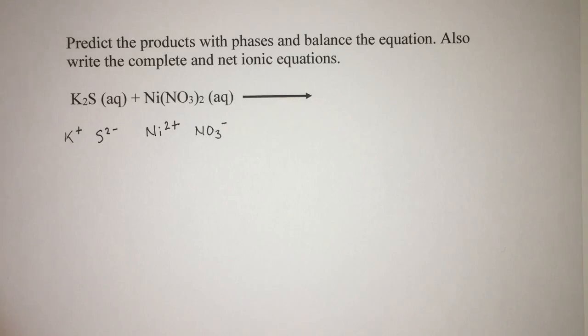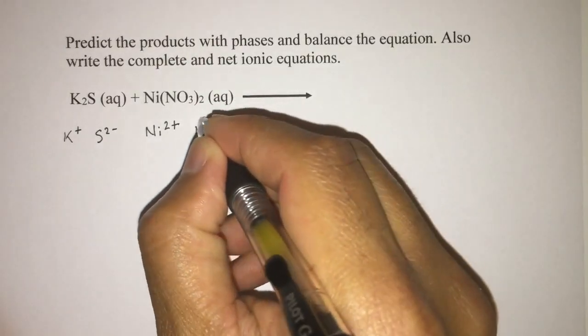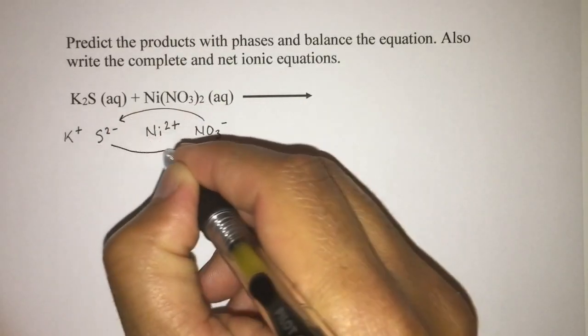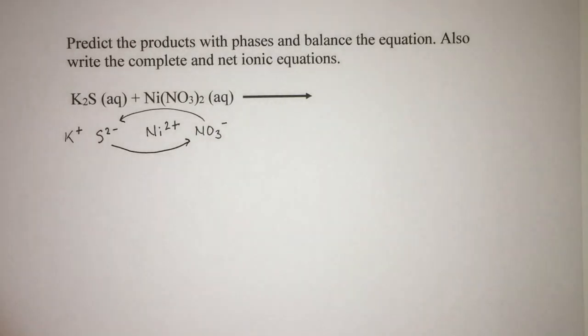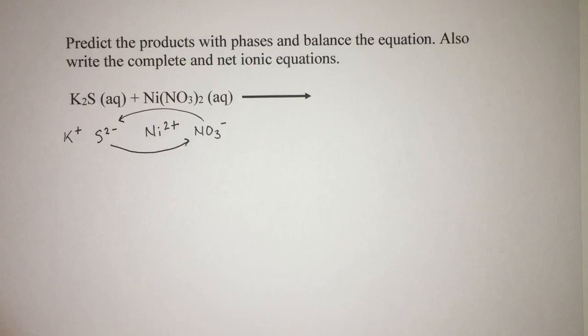And so remember, when we have these solutions mix, what typically happens is we get this double displacement process. Easy thing to remember is let's go ahead and swap those ions. So those anions, we'll go ahead and swap them.